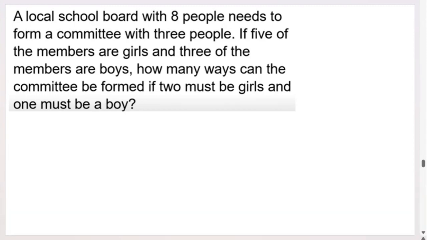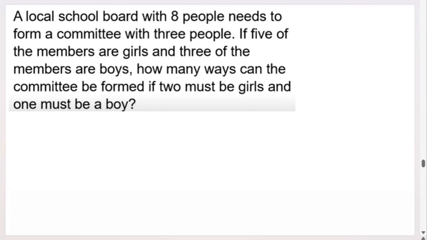Here, the total number, your N, is equal to 8. That is the total. Then you want to form a committee of 3 people. That is your R, the number chosen out of the total. So your R is equal to 3. You put that at the back of your mind.